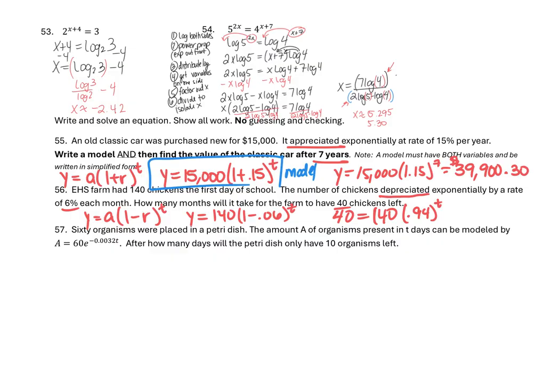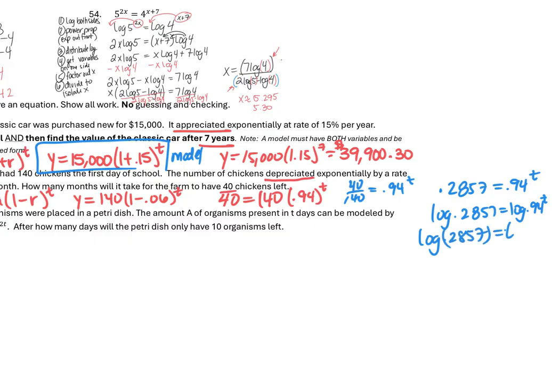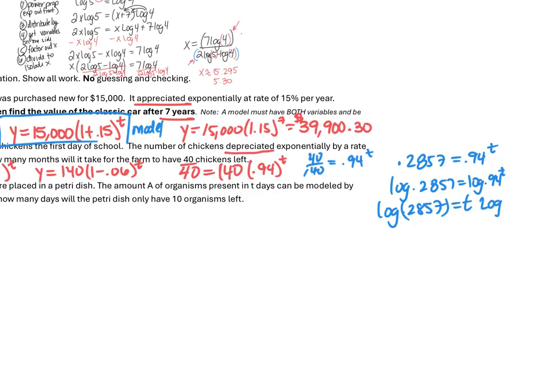And to solve that, we're going to divide by 140. So 40 over 140 equals 0.94 to the t. I'm going to do that on my calculator. I get 0.2857 equals 0.94 to the t. And I'm going to do the log of both sides. And so the log of 0.2857 equals t times the log of 0.94.